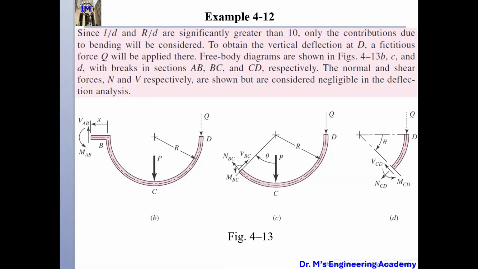This is any general point of interest, in this case the angle is theta. So we have M_BD, which is balanced by the Q. You guys agree? And I mean M_CD, I'm sorry. M_CD is balanced by Q. M_CD equals what, guys? This is my point of interest.